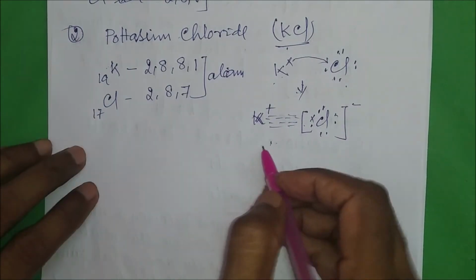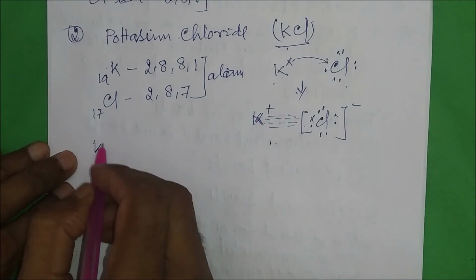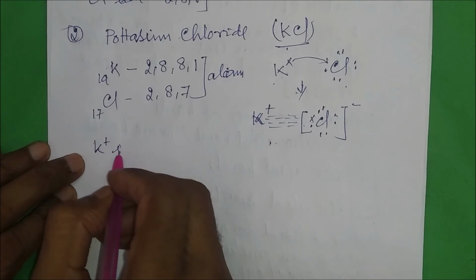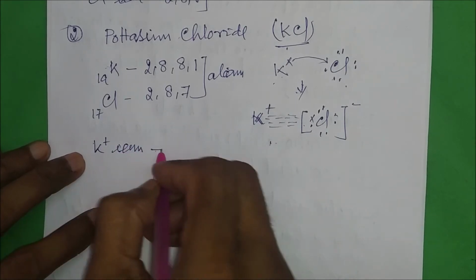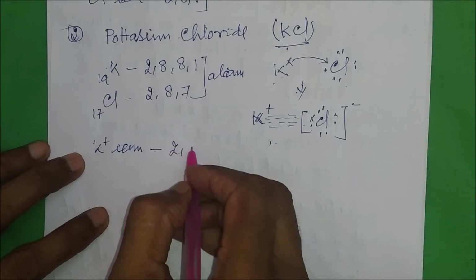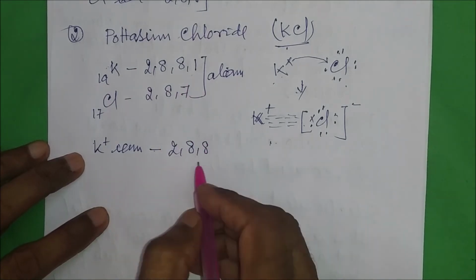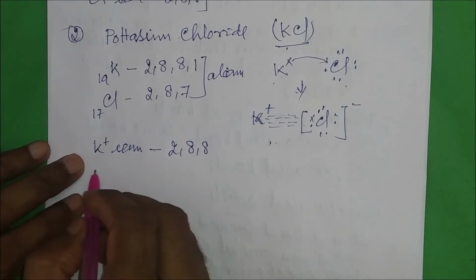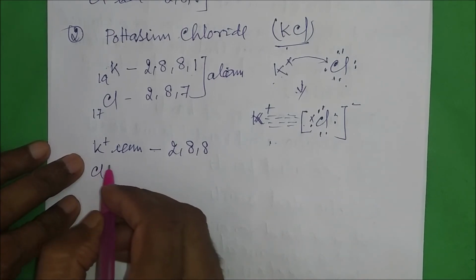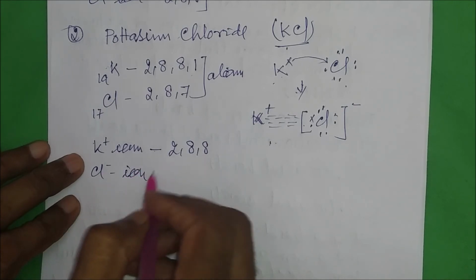Now you see potassium, the K positive ion. Positive ion means one electron has already been transferred, so it will be 2, 8, 8, because one has been transferred from there. And the chlorine ion will be negative. Why?